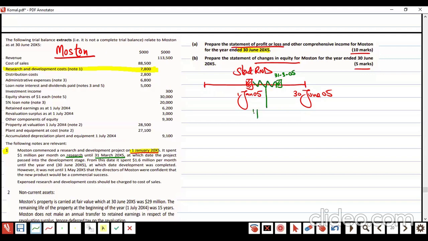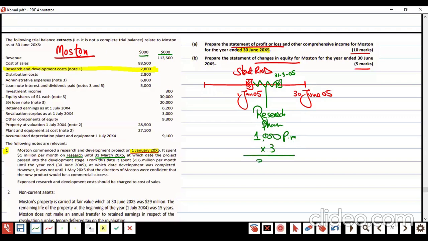This green is the research phase. Am I right? Research phase, they invested 1 million. Three zeros need to be hidden, so 1 million means 1,000, right? They invested 1,000 per month till March. So how many months? 3 months.